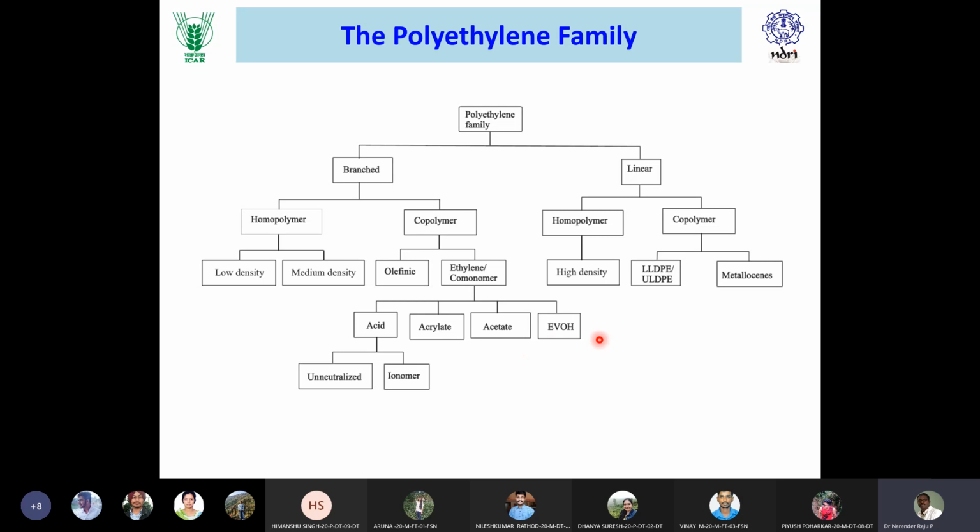Now, another important polyethylene family material is ethylene vinyl alcohol. You have already learned that this is a specialty plastic because of very high gas barrier properties, or very poor gas transmission property. However, the properties of EVOH totally depend on the relative percentage of ethylene and the comonomer, that is vinyl alcohol.